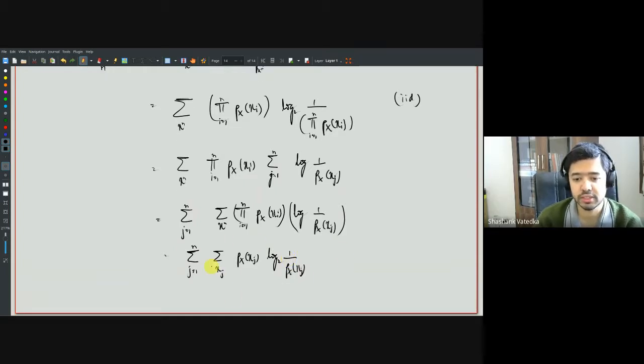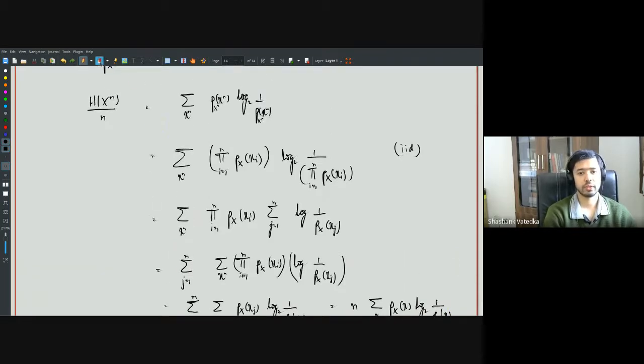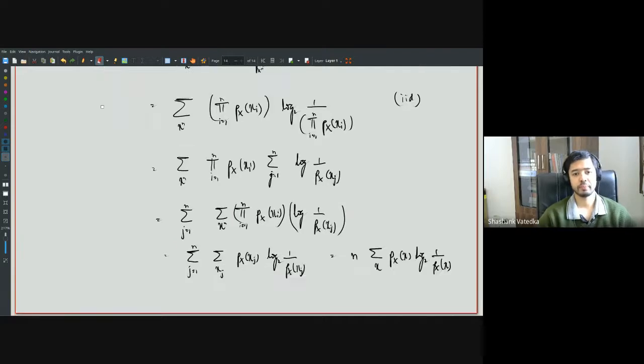But all of these are the same for all j's. So this is just n times the summation over all possible x of Px of x log 1 over Px of x.